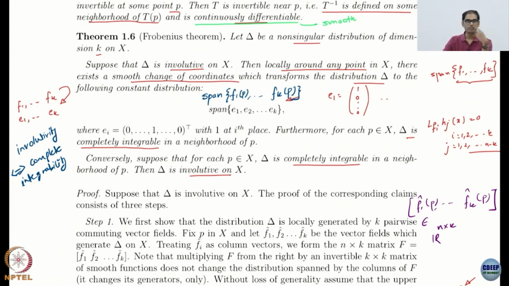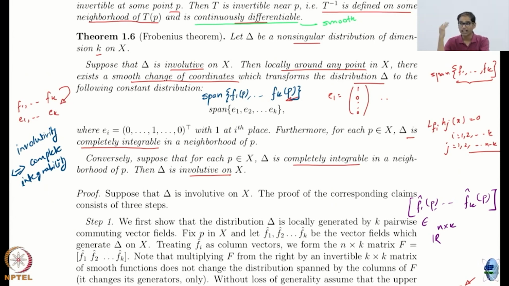Okay, and two, involutivity and complete integrability are identical if you have a non-singular delta. And that's pretty cool because involutivity was some kind of an algebraic computation. I mean, you were just doing Lie brackets, it's easy to verify, and by doing that you actually get complete integrability.